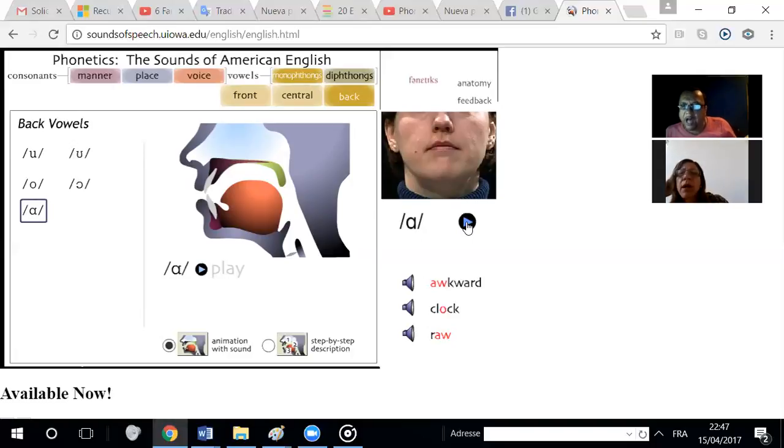Dog. Clock. Awkward. Outward. Toward. Ward.